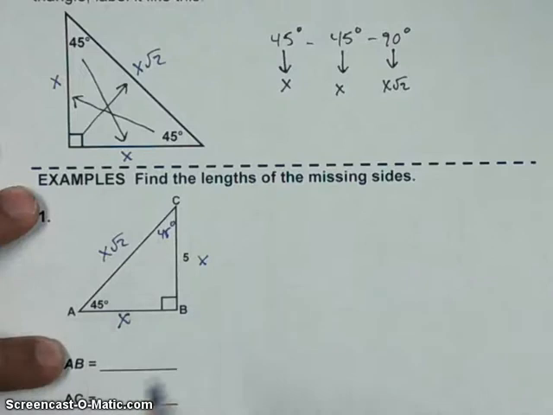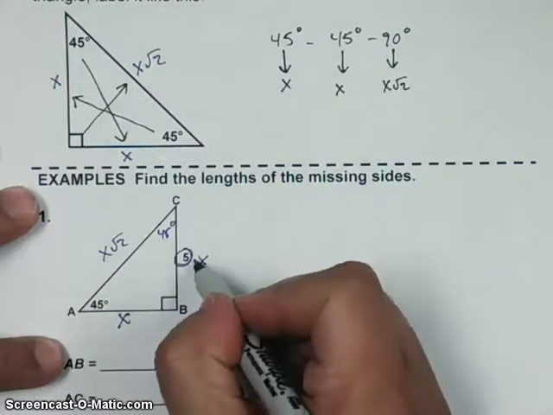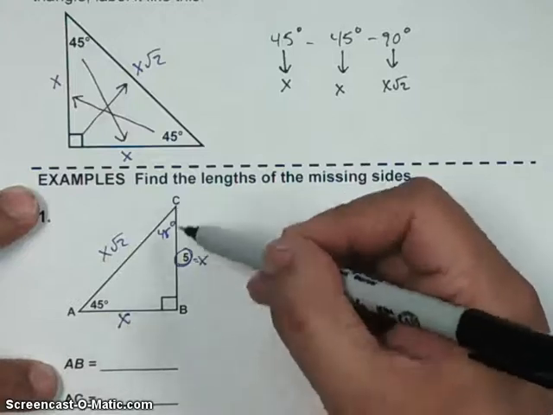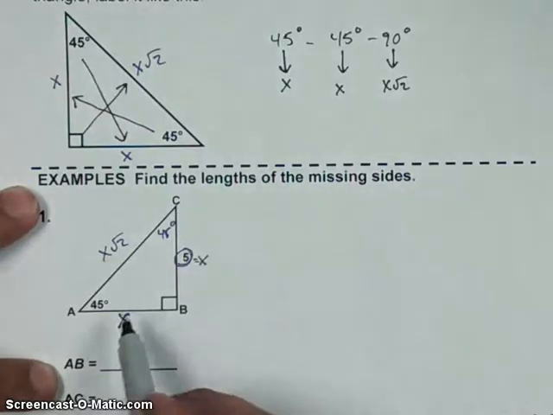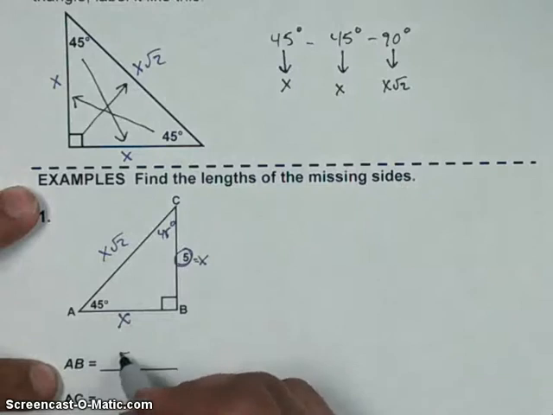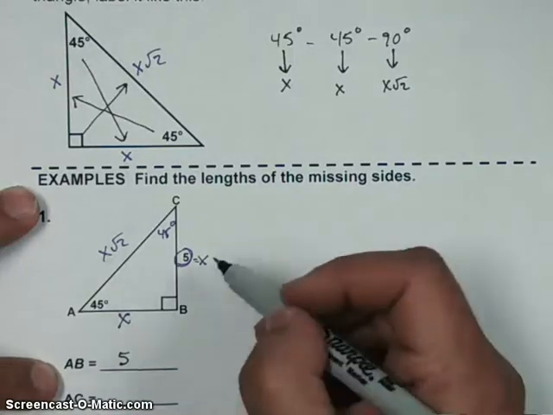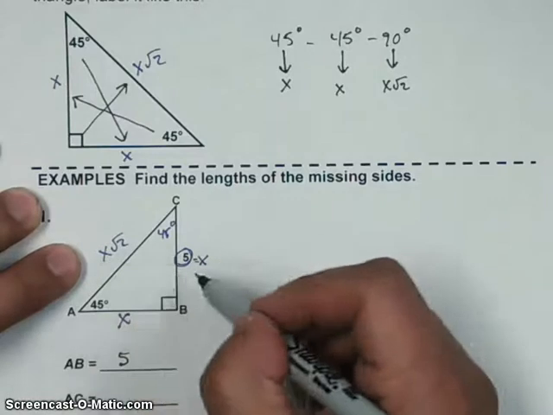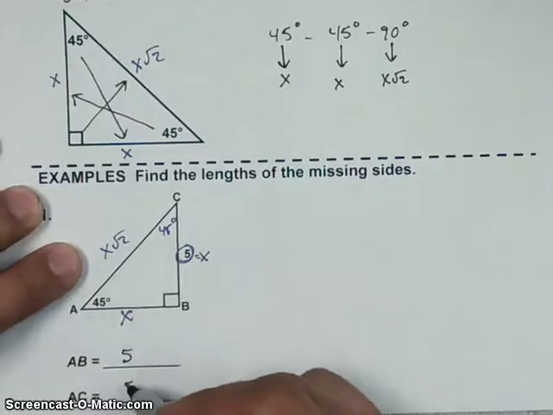Well, this 5 right here tells me what my x is. So if BC has a unit length of 5, then that means the distance from A to B is also going to be 5. And then here, I'm going to replace x with 5, so AC has a distance of 5 square root of 2.